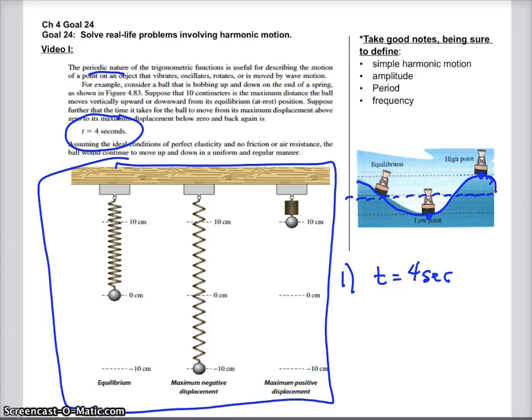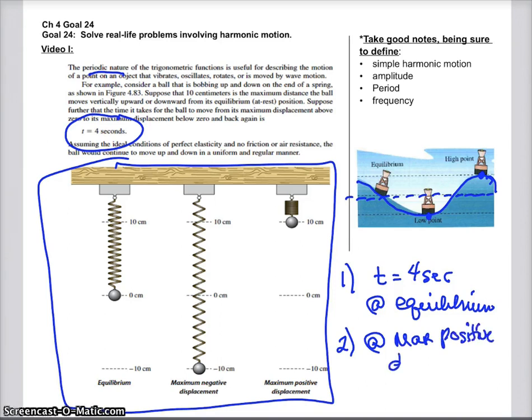I would like you to write an equation for the displacement starting at equilibrium, and an equation for when the displacement begins at its maximum positive displacement.